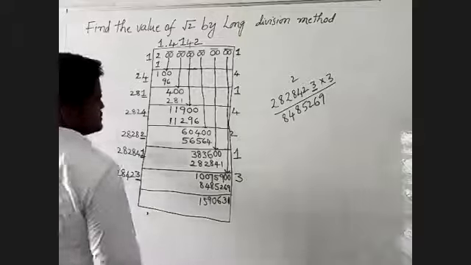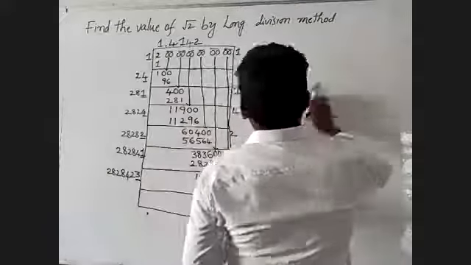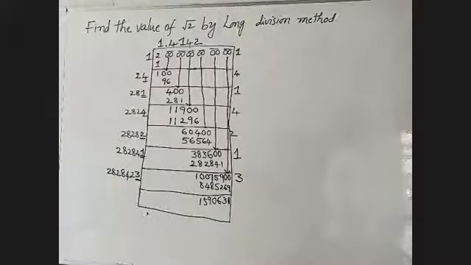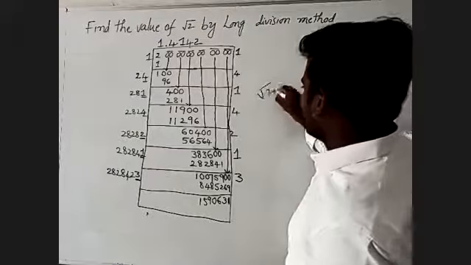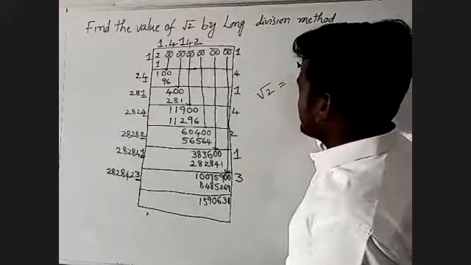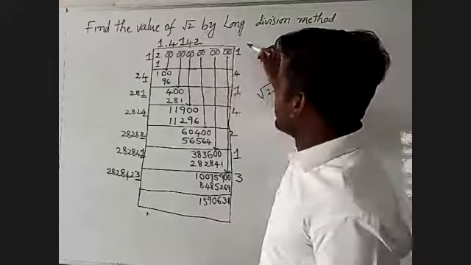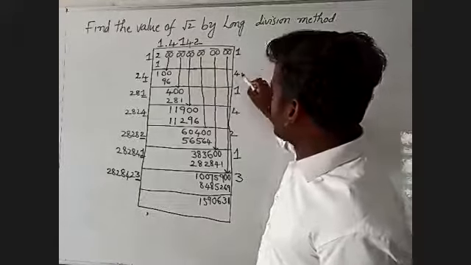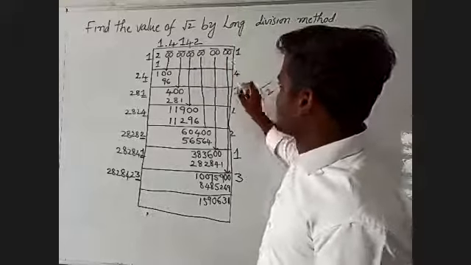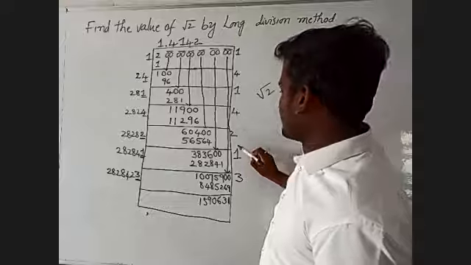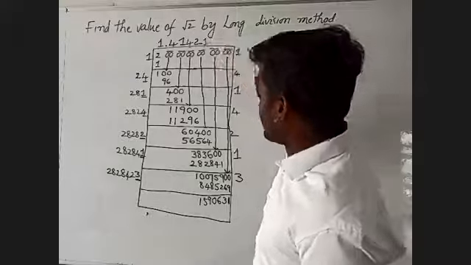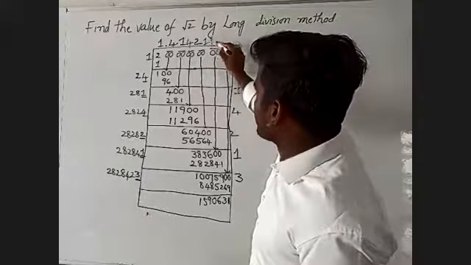We will observe in this one. This is most important. We have to find out the value of root 2. Root 2 is equal to, finally, the value: 1, after that 4, after that 1, after that 4, after that 2, after that we'll take 1, after that we'll take 3, and so on.